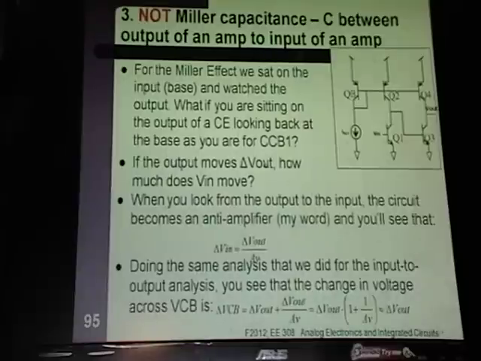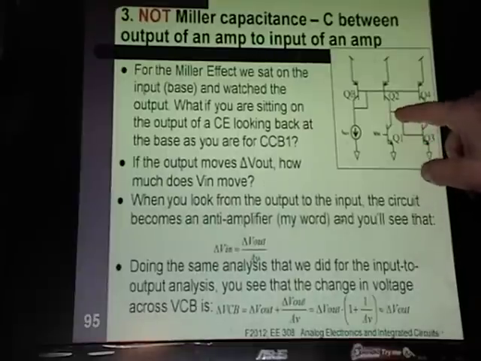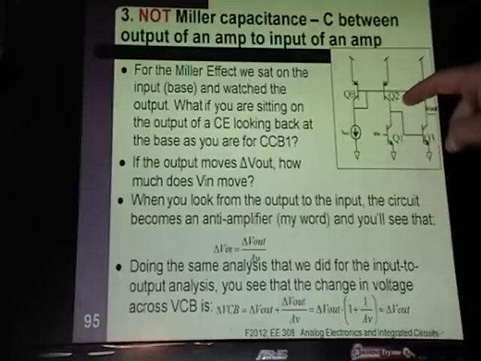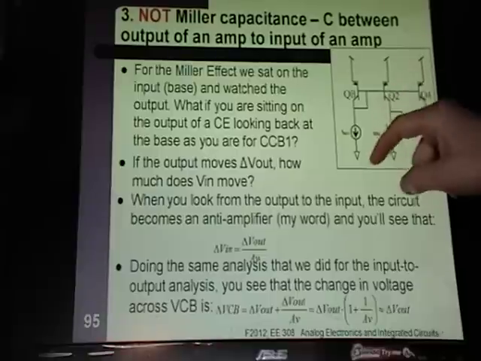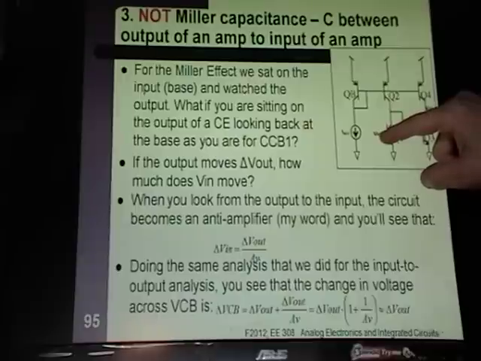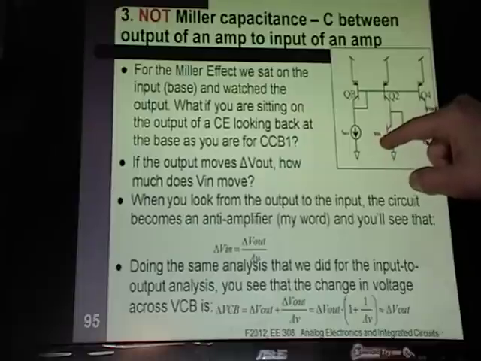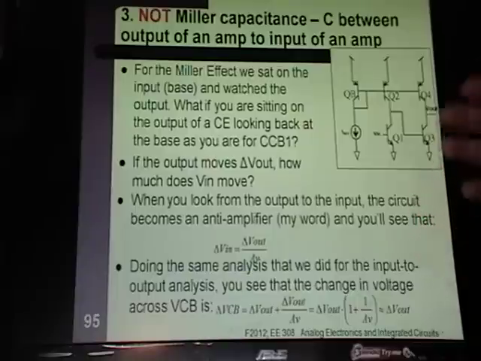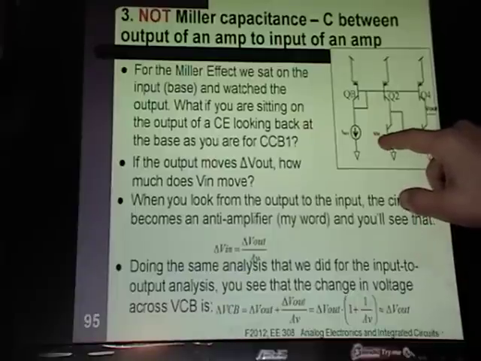Okay, and then we had this other one over here where output's moving, input's moving. Got this capacitance. If you wanted to use the order of the terminals, it would be C, C, B. You're looking back this way. For this one, if the output moves, say 1 volt, the input is going to move 1 volt over the gain. So it's going to be much, much less. It's going to be 1 over the gain. In theory, if you have a gain of 100 or something, 1 over 100, that's like this isn't really moving.